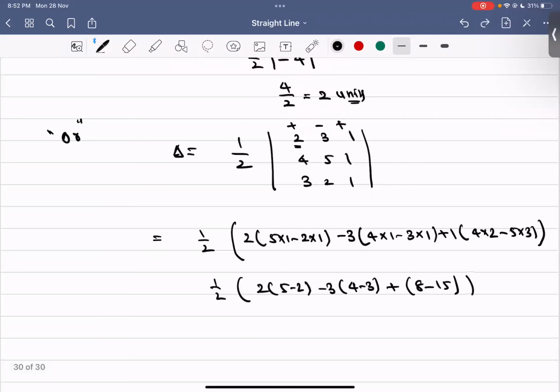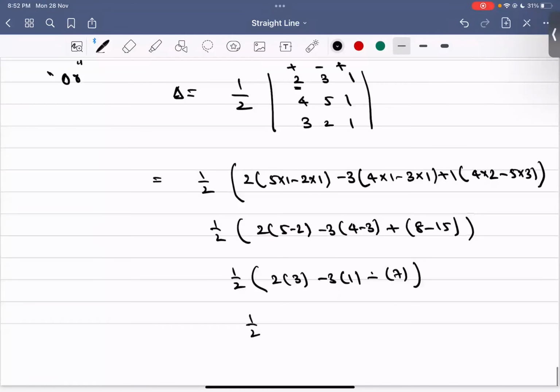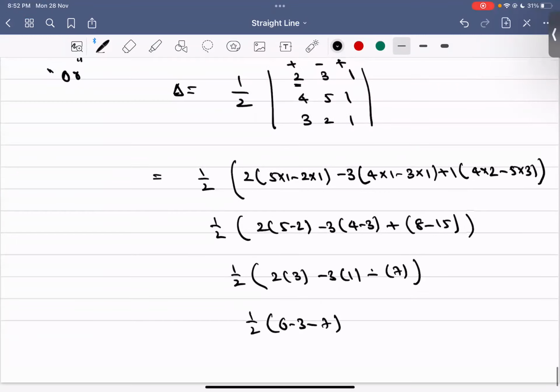So 8 minus 15 is minus 7. So 1 by 2 into 6 minus 3 minus 7. That is 1 by 2 into 6 minus 10, which equals minus 4 by 2, which is equal to minus 2.